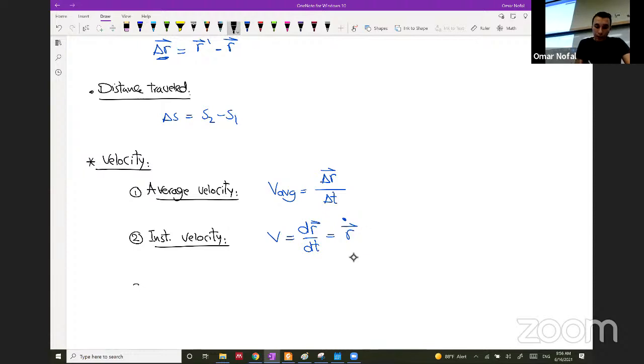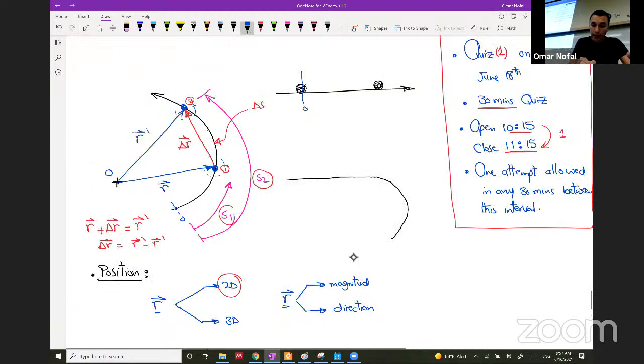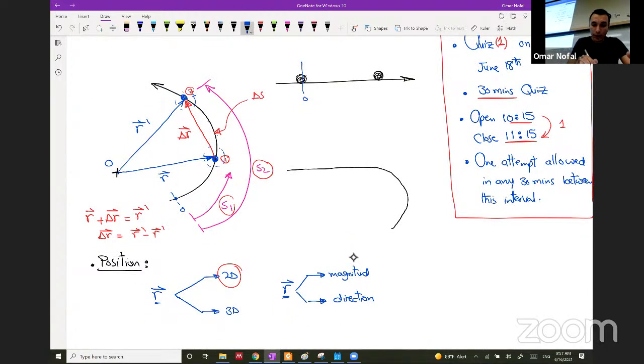Let's get to the third one, which is the average speed. The average speed from last time will be equal to the total distance traveled, which will be delta S. The position is defined by delta R, the change in the position.